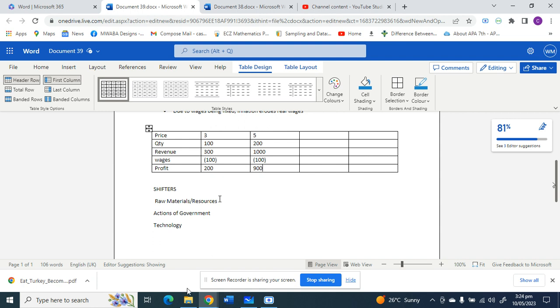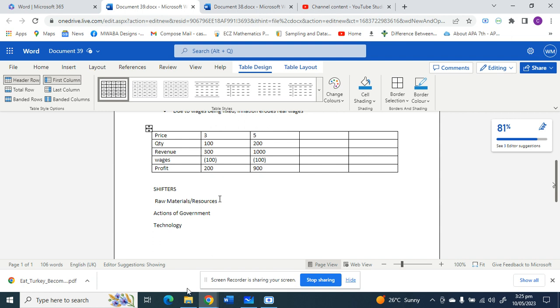If you're producing jerseys and the price of cotton goes up, it means buying your raw materials becomes expensive. That's a higher cost of production. So you won't be inclined to produce as much as you want, because you know that buying more of the expensive materials, your cost of production will go up.